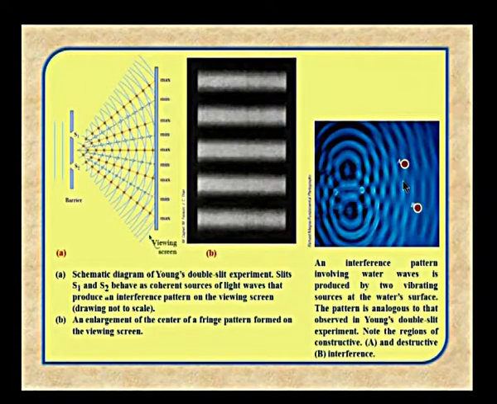Once again, the same thing I am showing is the mechanical waves produced on the surface of a pool of water, and this is what I showed you, the Young's double slit experiment, wherein from a single source you got a barrier giving rise to two sources S1 and S2.